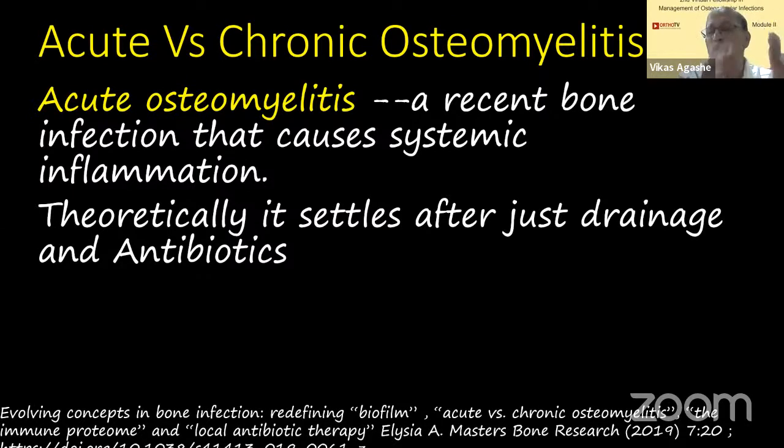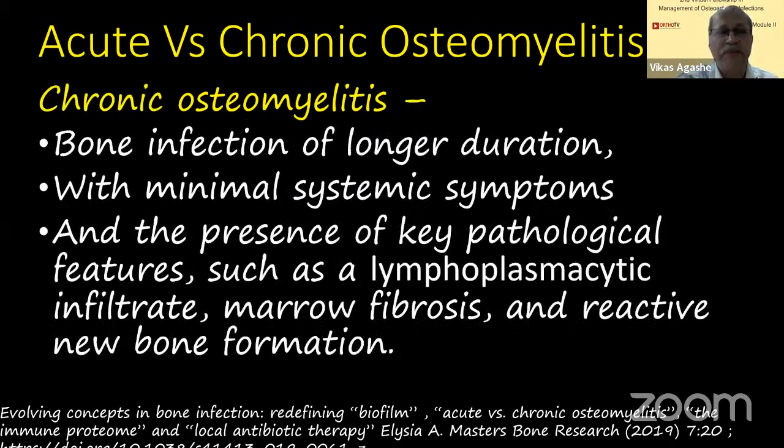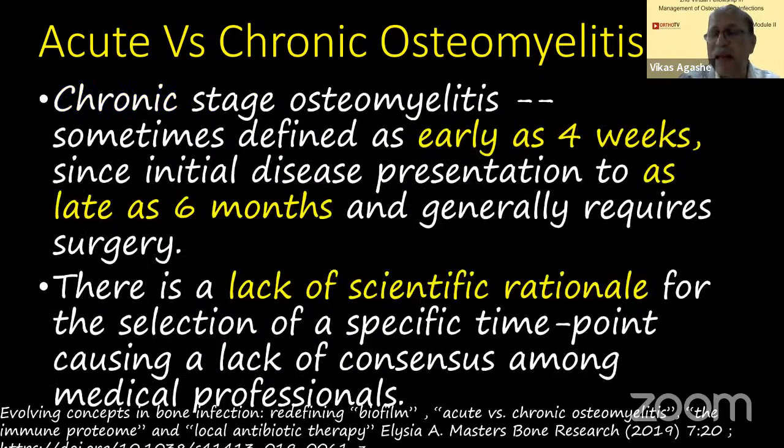That means it is an acute infection, there is pus, you drain it, and the patient settles. While chronic osteomyelitis is an infection of longer duration with minimal systemic symptoms and key pathological features like lymphoplasmacytic infiltration, myelofibrosis, and reactive new bone formation. Now, the next few slides are very, very important.